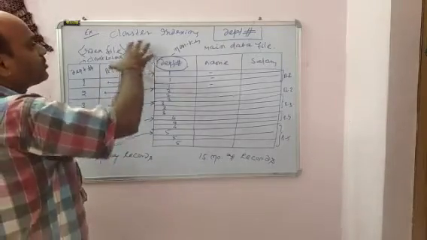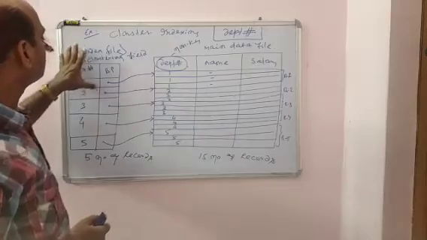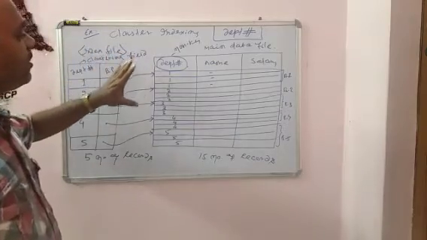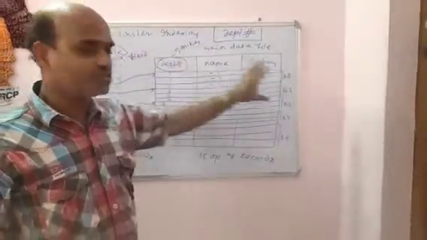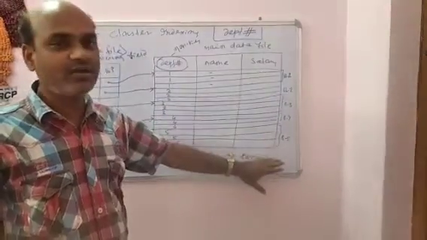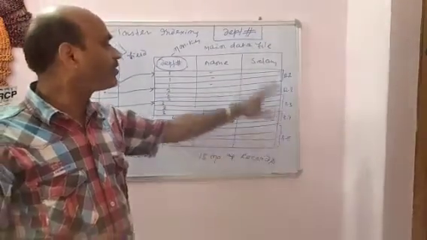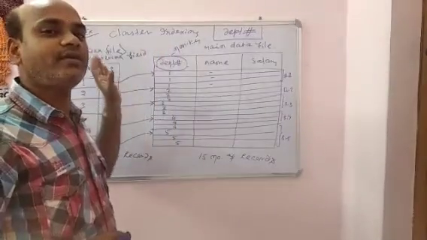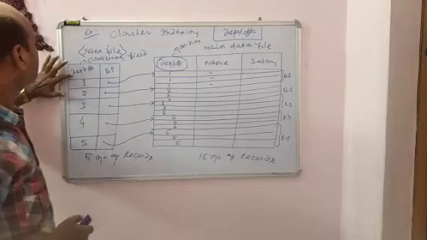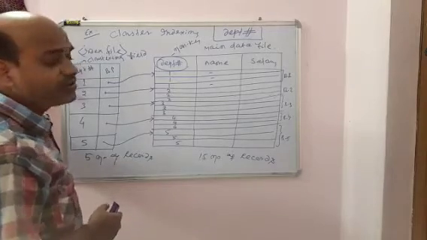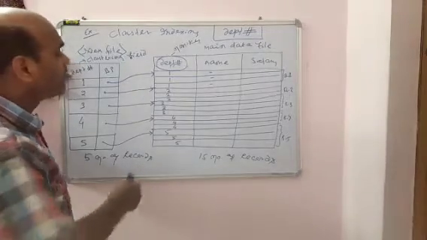By using this cluster indexing, the searching operation will be faster, because for each and every record of the main file, an index entry is not required. Index entries are created only for distinct values.